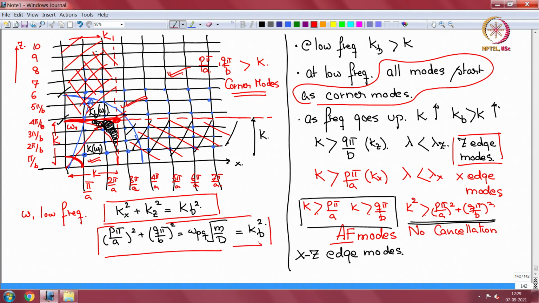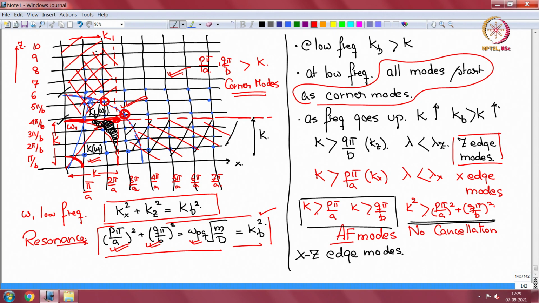So if this kb line, which is the free wave number line, passes through a pq point, that means kb squared is equal to this, and kb squared is equal to this, and this is equal to this. So this is a resonance frequency.